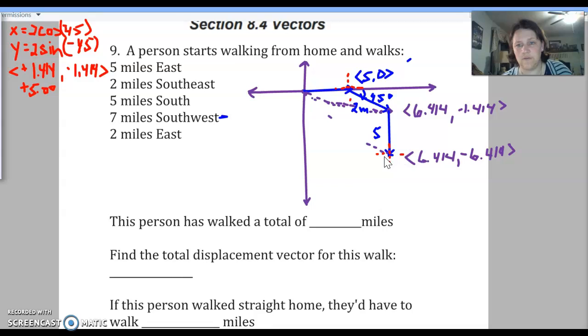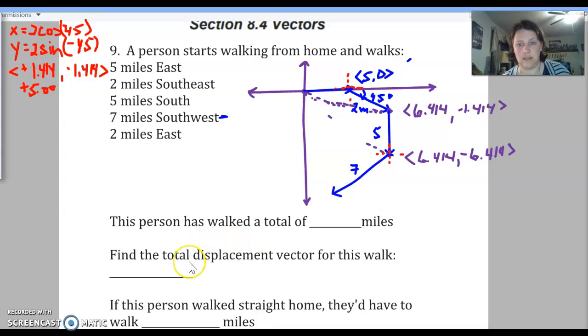So we're going to go 45 degrees here, and then we're going to go 7 miles in this direction. So this has a magnitude of 7, and we'll figure out what the direction is for that one as well.